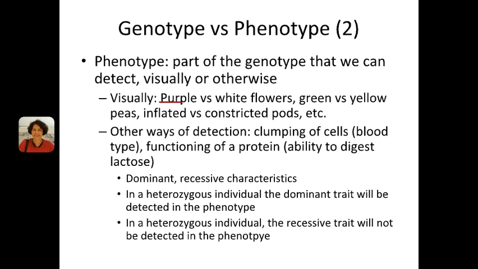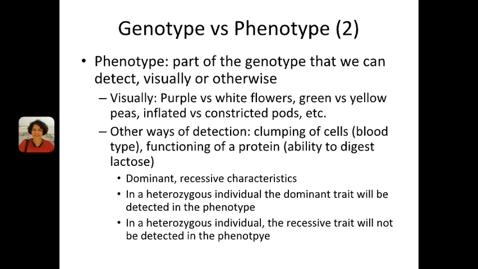Things like whether a plant has purple flowers or white flowers, whether the peas are green or yellow, if the pods are inflated or constricted. Those are visual characteristics that you can look at and you can determine the phenotype of the individual. So the phenotype of that plant is purple flowers with green peas, tall height, etc.